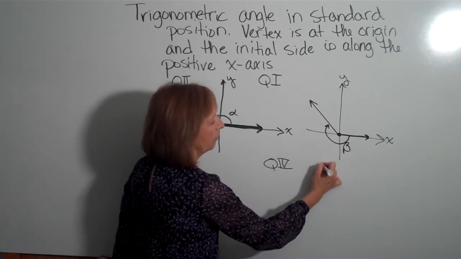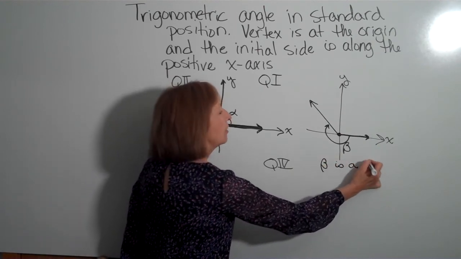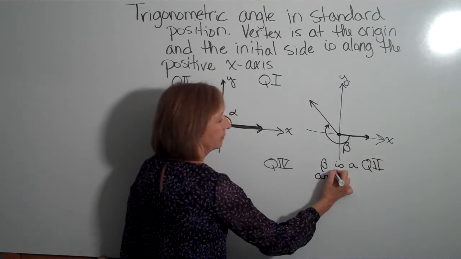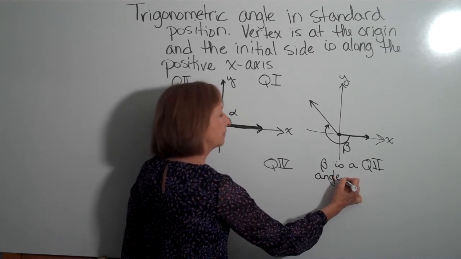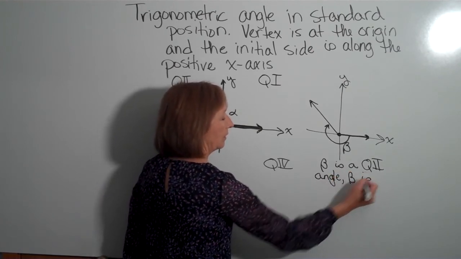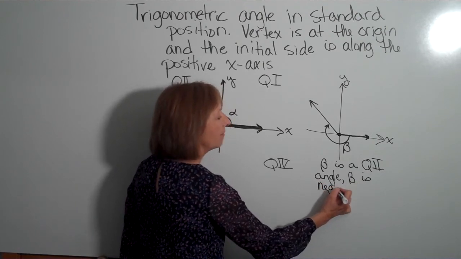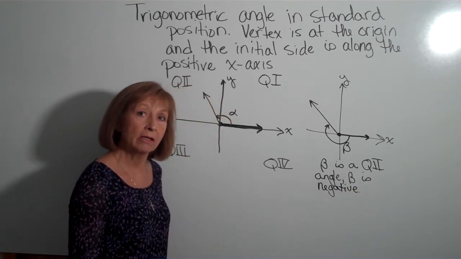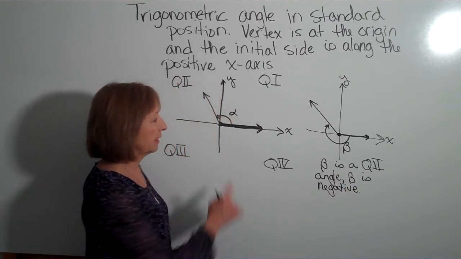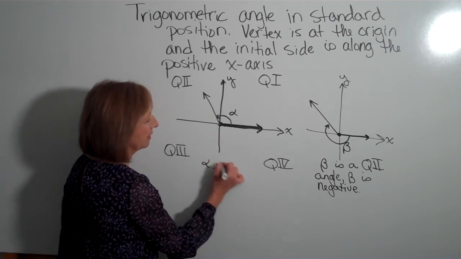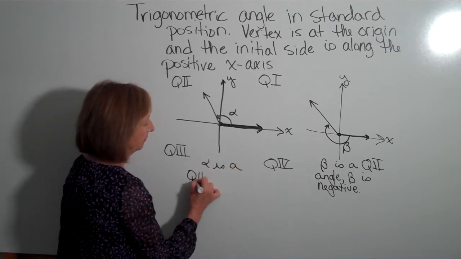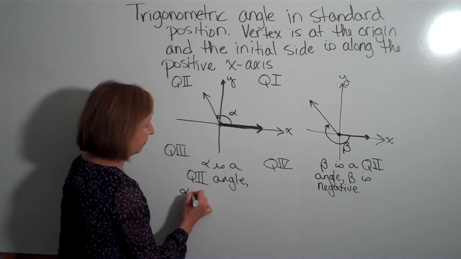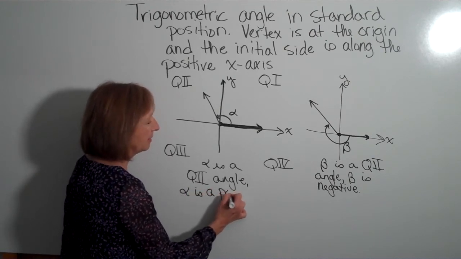So here, my angle beta is a quadrant 2 angle, so I'll go Q2 angle, and it also is a negative angle. So I'll have a negative sign in front of the degree measurement if I wrote out what the actual degree was. And here alpha is a Q2 angle, and also alpha is a positive angle here.